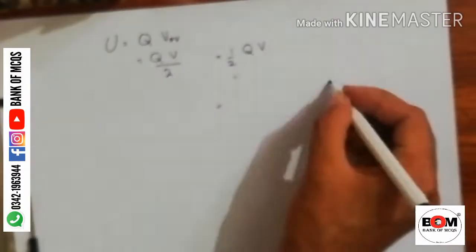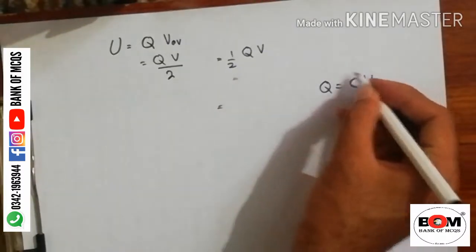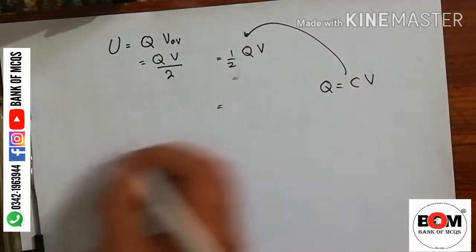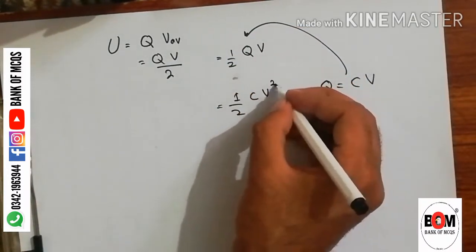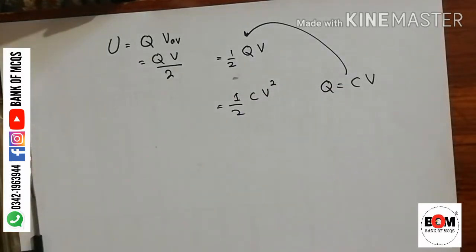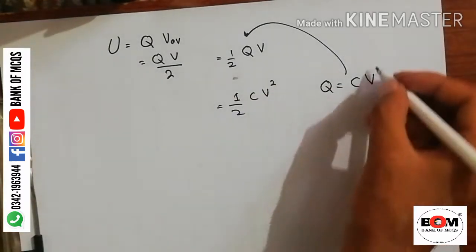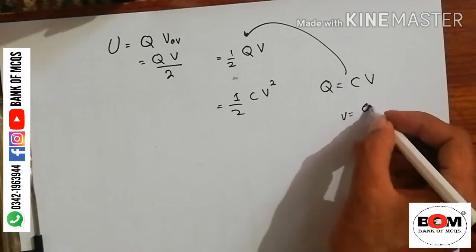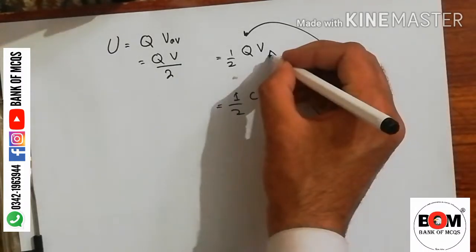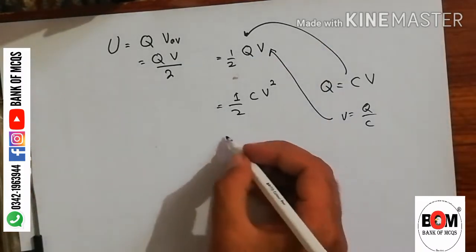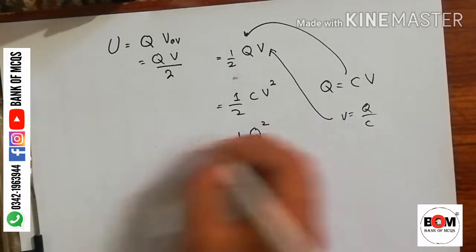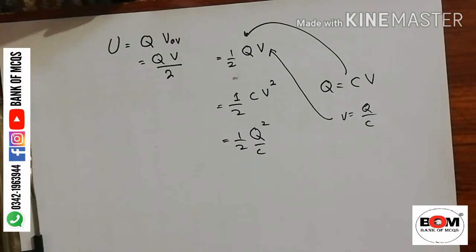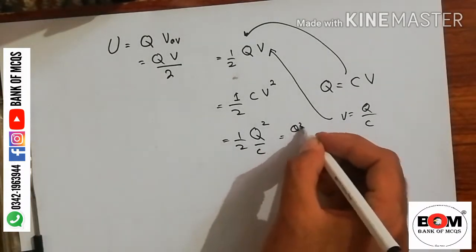Now we also know that Q is equal to CV. So putting CV instead of Q, we get half CV into V, so we get half CV square. Also we can write V is equal to Q by C. So putting this in, we get half Q into Q by C, so we get half Q square by C, or Q square by 2C.